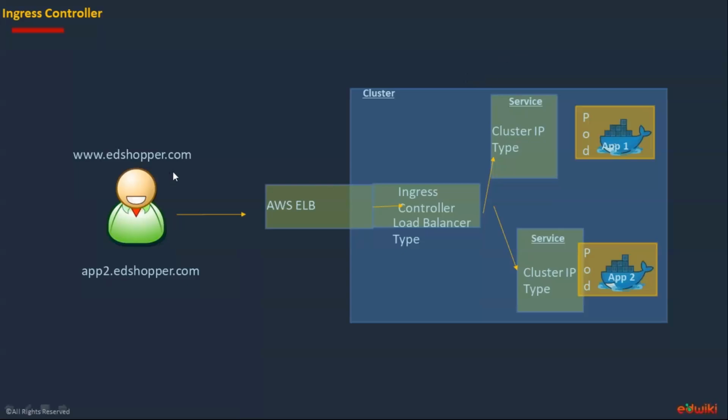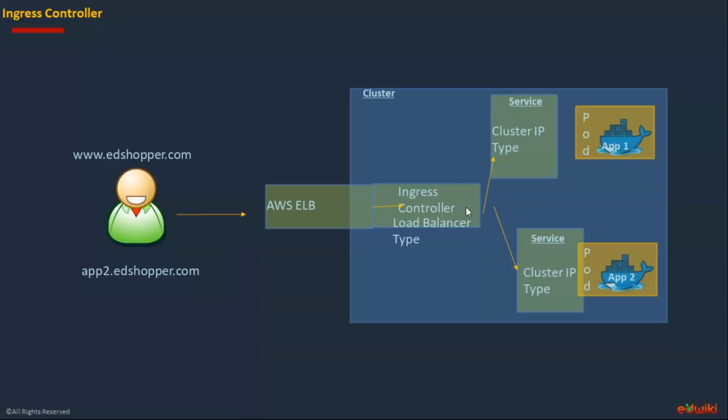So now the traffic came to the AWS load balancer and then it is coming to the ingress controller. Now I just need to tell the ingress controller that, hey, whenever you get the request, please forward that to a specific cluster IP. Once the request comes to the cluster IP service, that takes care of giving it to the pod. So how to do that? I need to create an ingress resource.